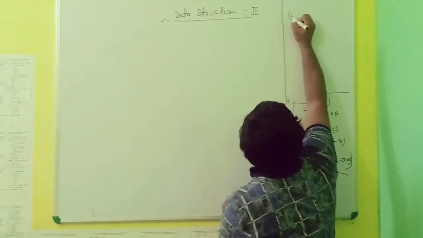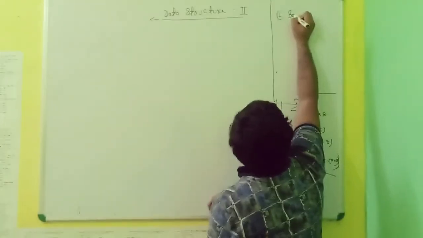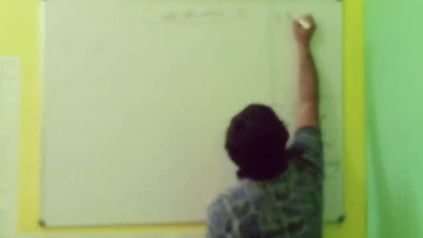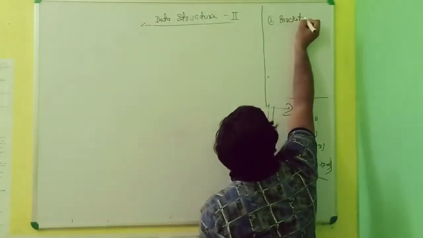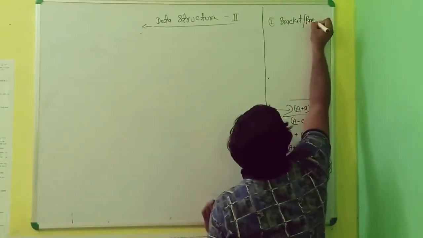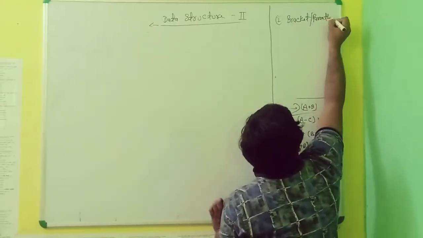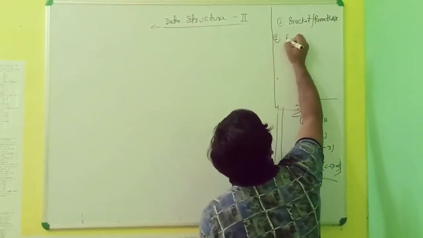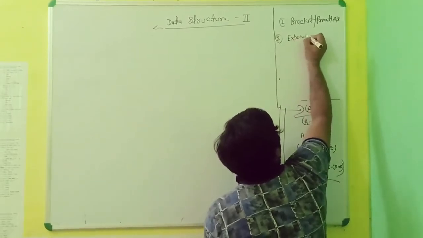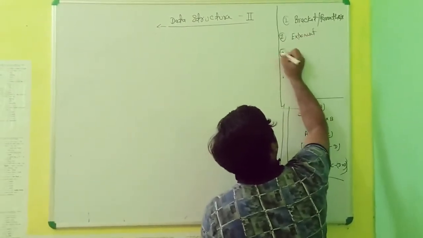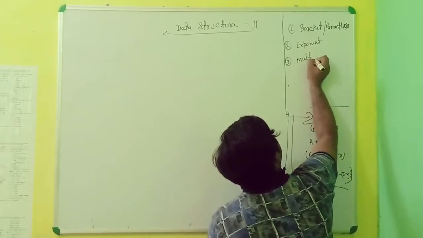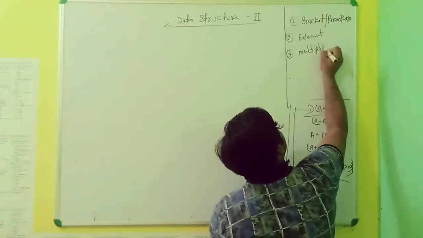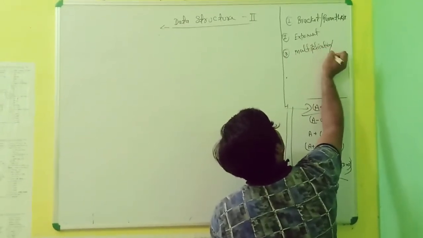First, priority of the bracket or parenthesis. Second, priority of exponent. Third, multiplication or division.